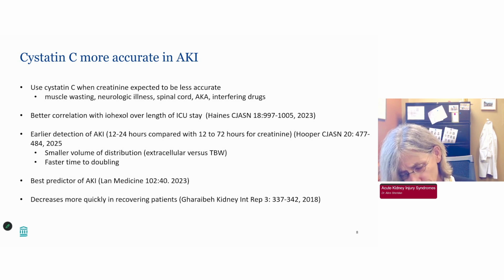This was so pronounced that on discharge, again, it was a small study, but among 15 patients who developed AKI by KDIGO criteria and survived to be discharged, 10 of them were determined by cystatin C to have a persistently reduced GFR below 60.